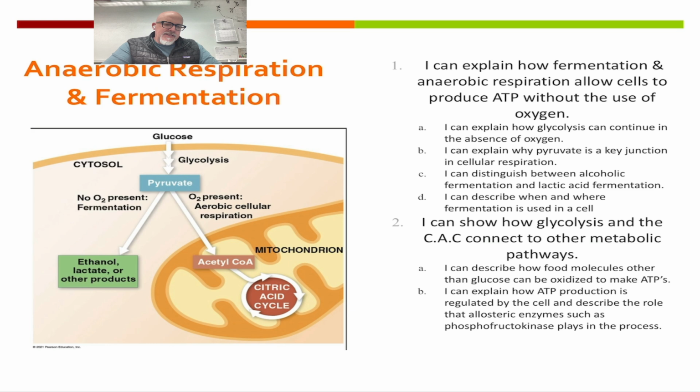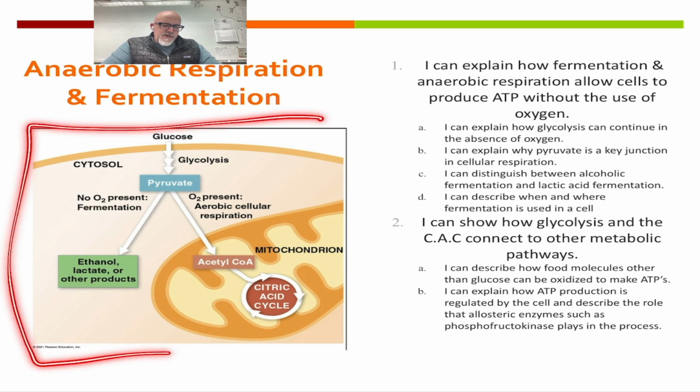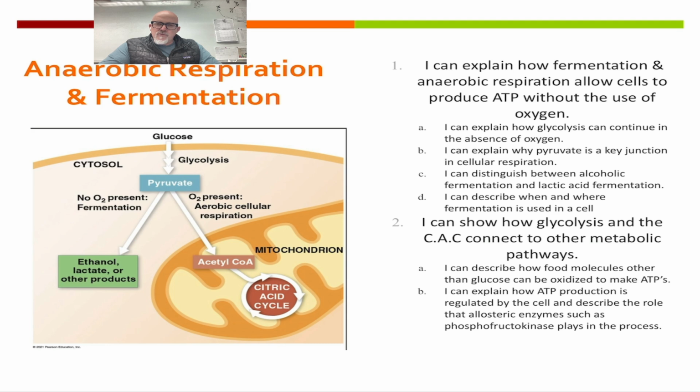So you can see on this slide what I'm showing you is the pathways that y'all need to know. Right now, we are quite good at starting with glucose, breaking it down with glycolysis into the two pyruvates. Those pyruvates then go through the link reaction, or pyruvate oxidation, in the presence of oxygen to create acetyl-CoA in the matrix of the mitochondria.